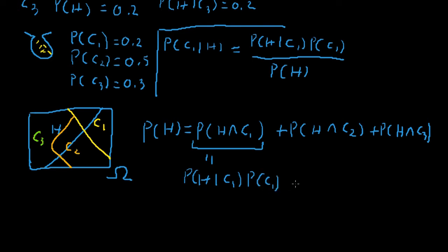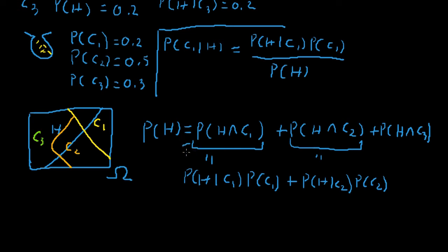And I can do the same thing for the other two. This is the probability of H given C2 times the probability of C2, and then I would just do the same for the third. So now we can actually compute this in terms of things that we know.